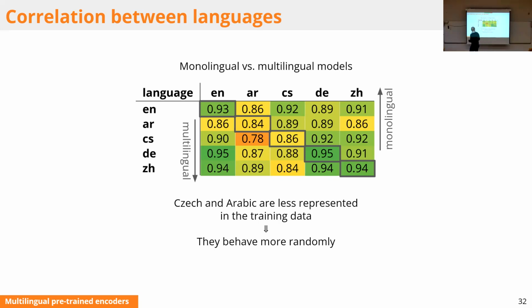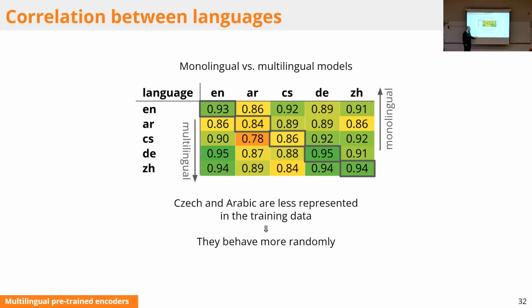And well, the obvious outlier is that Czech is most dissimilar from Arabic in the multilingual data, and you might start thinking immediately, well, it must be because we eat so much pork and they don't eat pork or whatever.